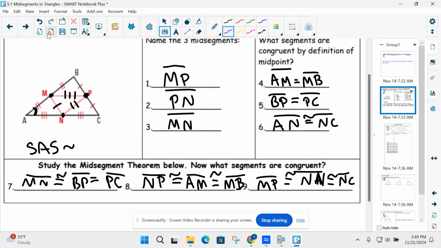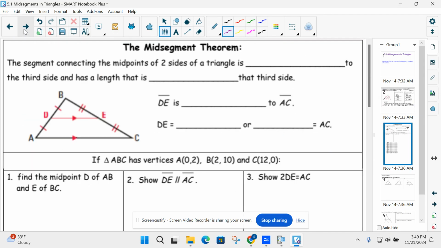So this brings us to the midsegment theorem. It says the segment connecting the midpoints of two sides of a triangle is parallel, so we'll talk about that in a second, to the third side, and has a length that is 1/2 that third side. So a midsegment is always parallel to the opposite side and 1/2 of the length.